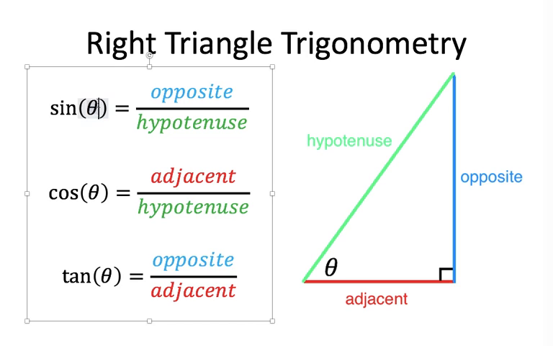In a right triangle where theta is the angle for one of the corners, sine of that theta is equal to the length of the opposite side divided by the length of the hypotenuse. Cosine is equal to the length of the adjacent side divided by the length of the hypotenuse. And tangent was equal to the length of the opposite side divided by the length of the adjacent side.